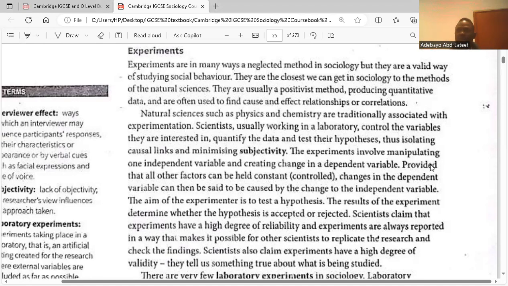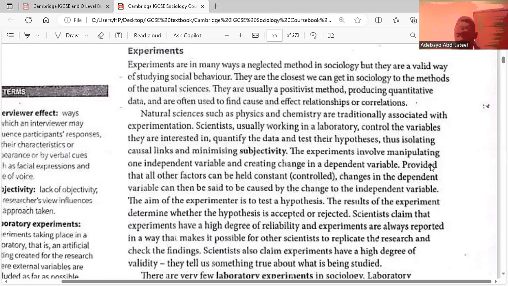So if there are two, and one remains constant, then the other will be the cause effect. That means two variables will not have an impact at the same time. One must remain constant for you to understand why it happened, and the other will be the reason why it happened.